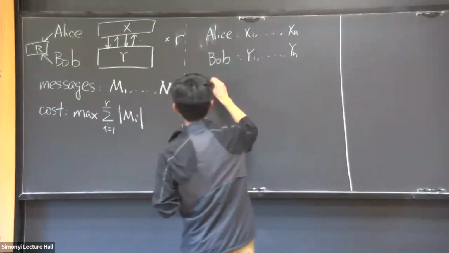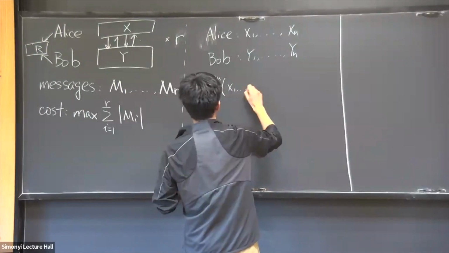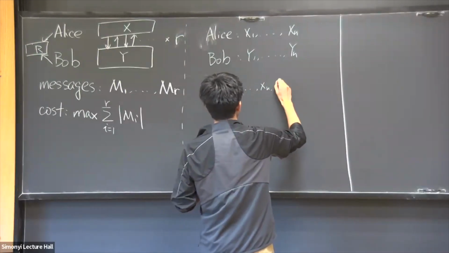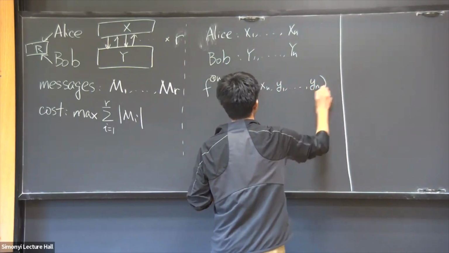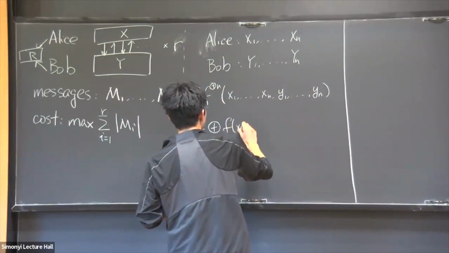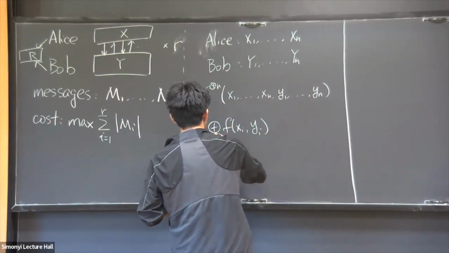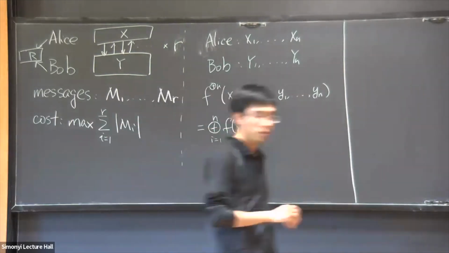And then we ask them to compute the XOR of the function f evaluated on the n pairs. So we just ask them to output this with R rounds. Awesome. Okay.